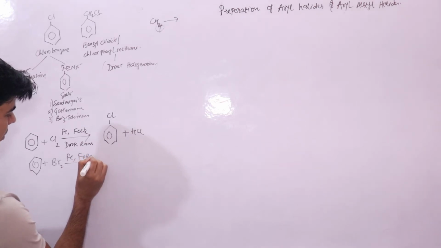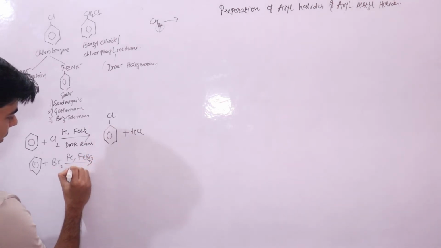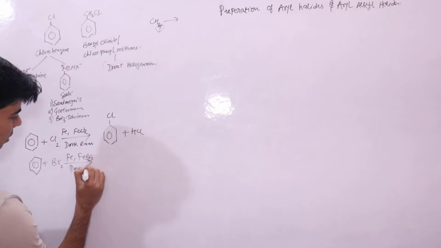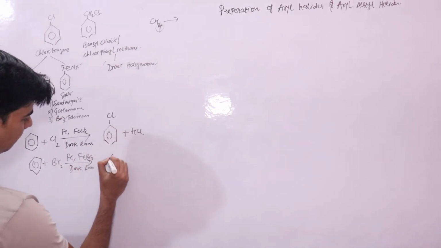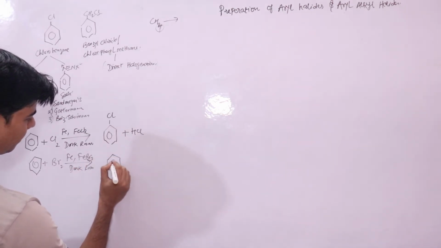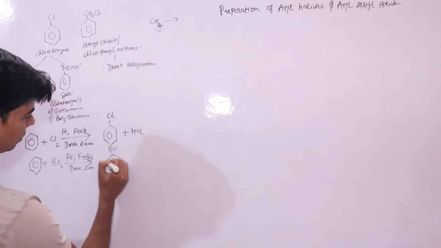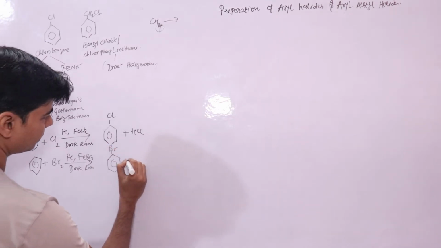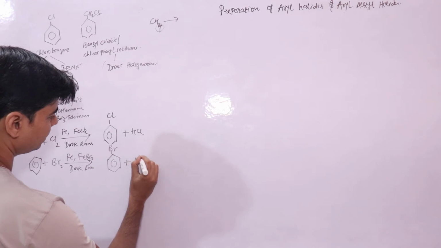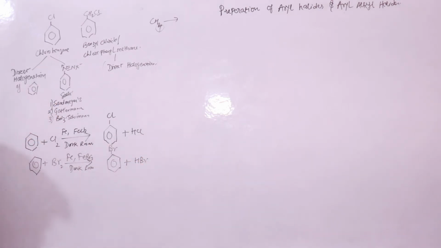Here you will use FeBr3 in the dark at room temperature. What you get is bromobenzene, plus HBr. So these two can be prepared via direct halogenation. I hope this is clear.